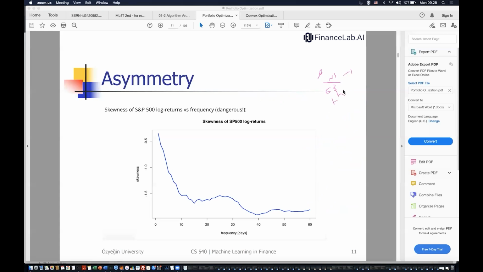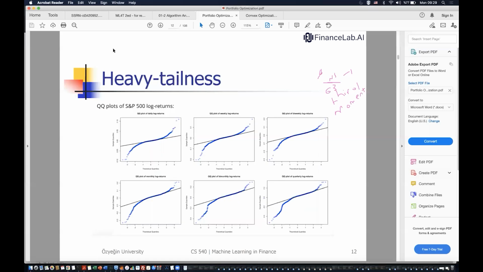The first moment was the mean, the second moment was the variance, and the third moment is the skewness, which is related to asymmetry. If we look at the returns at certain frequencies, the data becomes more and more skewed, as we see in this plot.